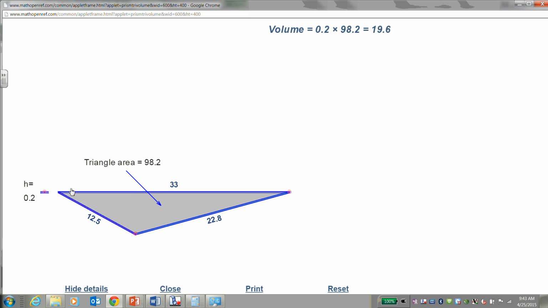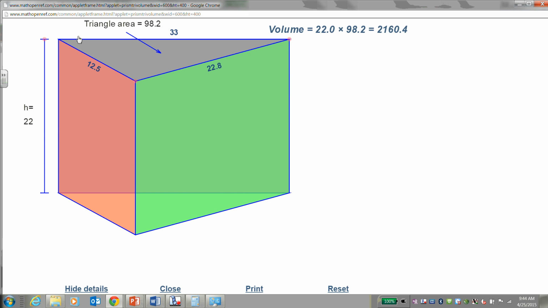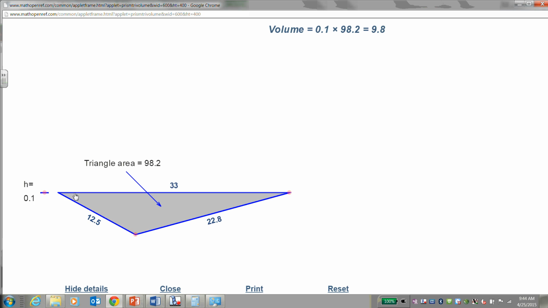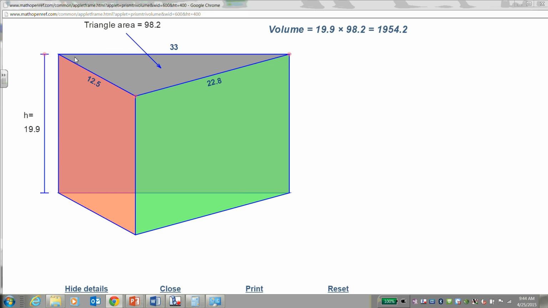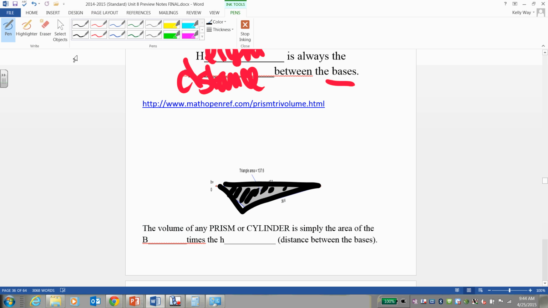So the volume of any prism or cylinder is simply the area of the base times the height. Remember, height is the distance between the bases. It doesn't mean vertical.